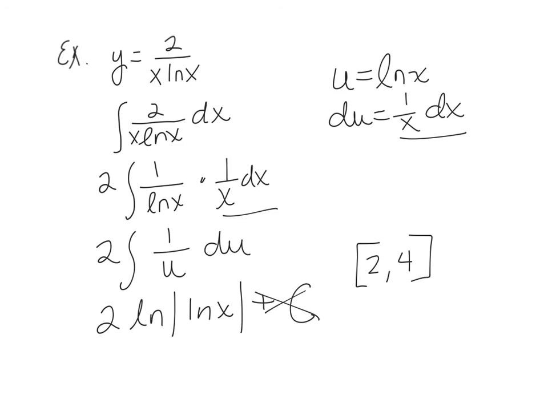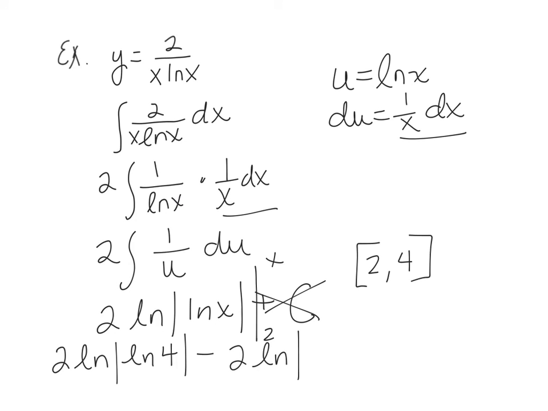All right, so of course this plus c goes away. This is 2 to 4, and then we would write 2 natural log of the natural log of 4 minus 2 natural log of the natural log of 2. And then if we put that together, we would have 2 natural log of natural log. It's the quotient rule, right?